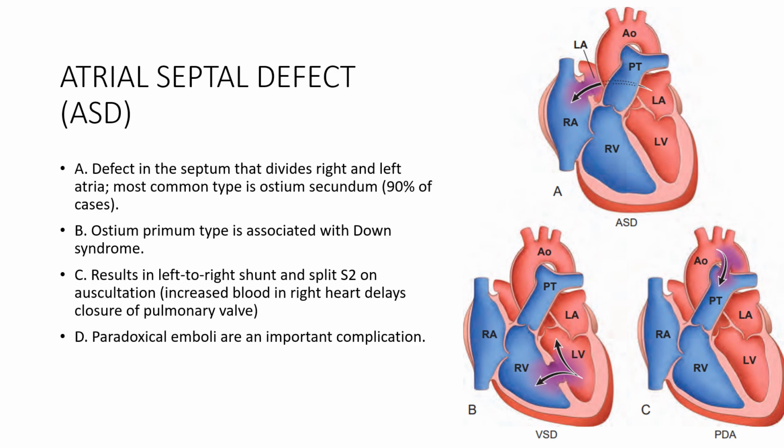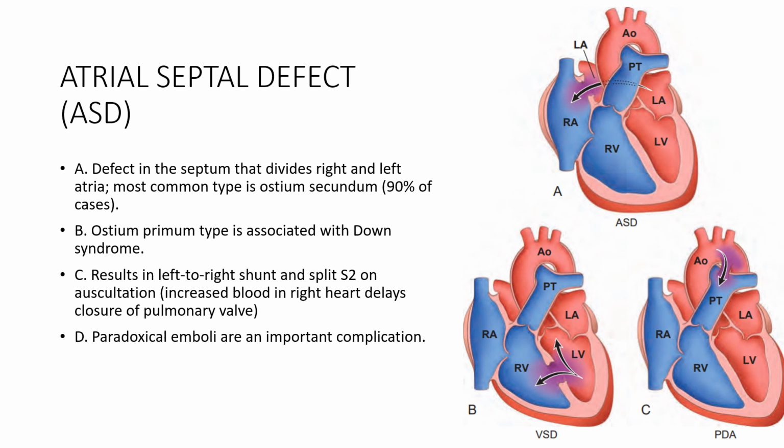Now, atrial septal defect. As you can predict from the title, it means that there is some defect in the septum which divides the two atria, right and left atria.